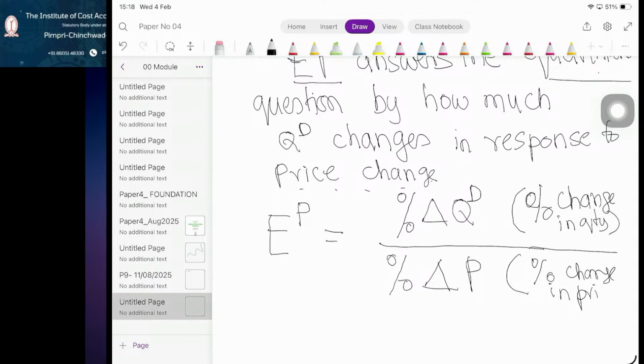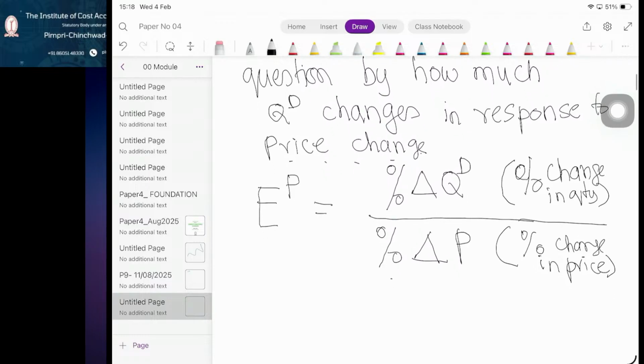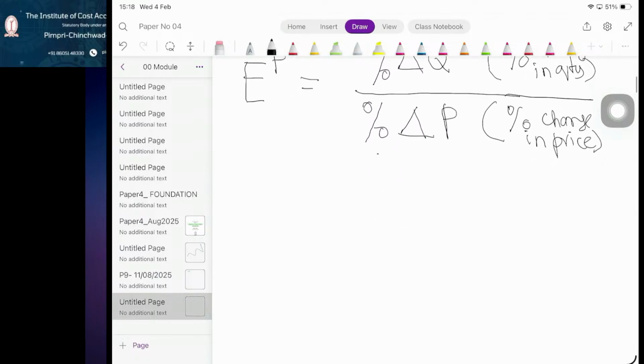Many students get the numerator and denominator wrong. So just ensure that you remember this. In the numerator we have percentage change in quantity demanded, and denominator we have percentage change in price.